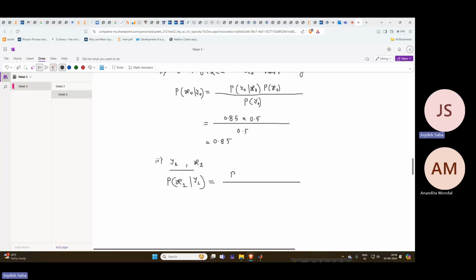It means it will be probability of y1 upon x1 into probability of x1 divided by the total probability of y1.